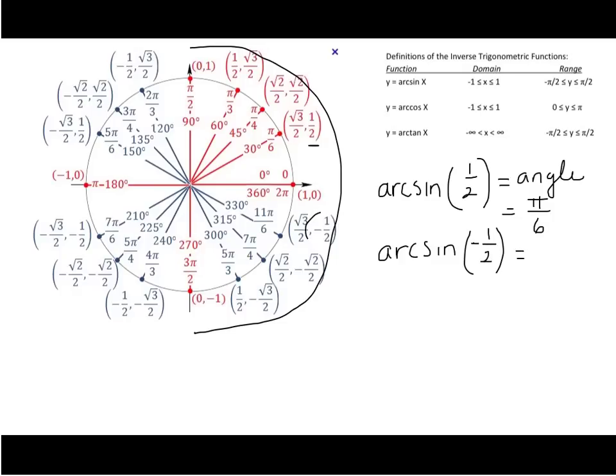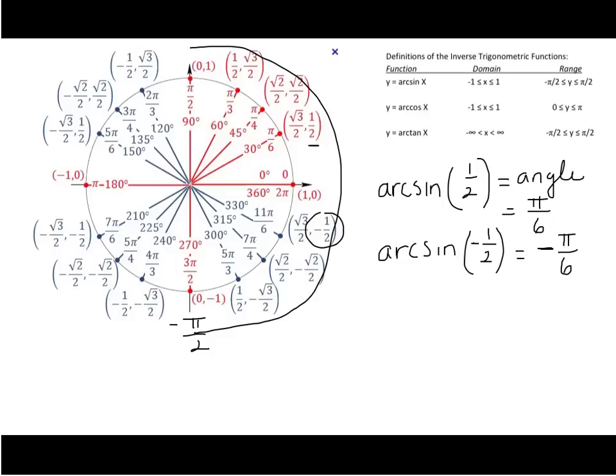The fourth quadrant I see is here, and it says 11 pi over 6. But that's not between pi over 2 and negative pi over 2. So instead of writing it with the positive, I will write it with a negative.